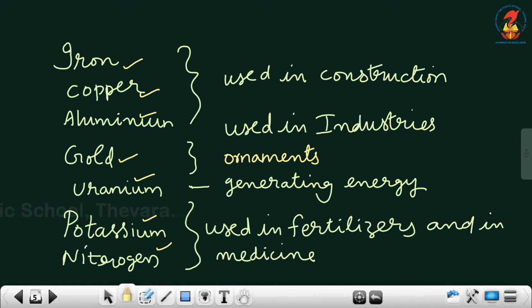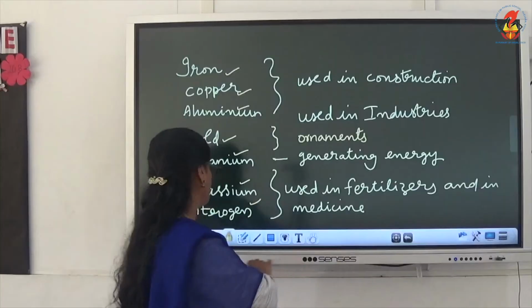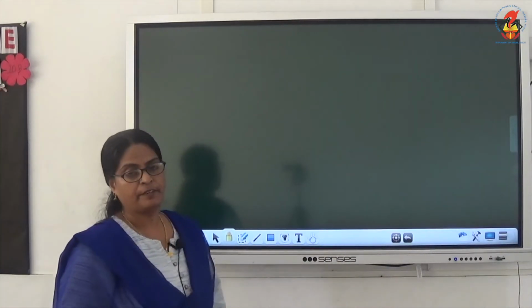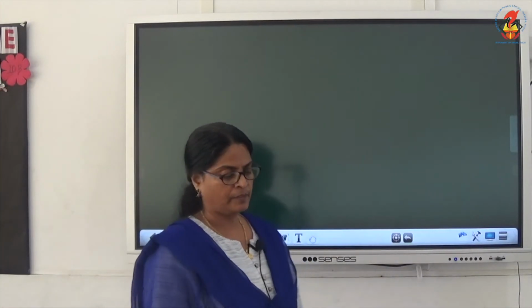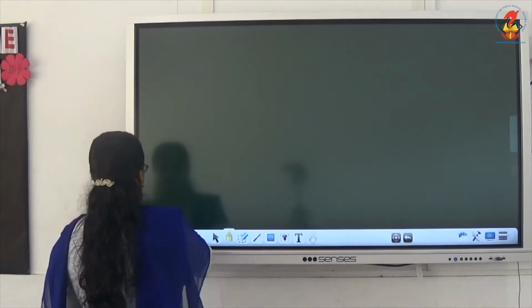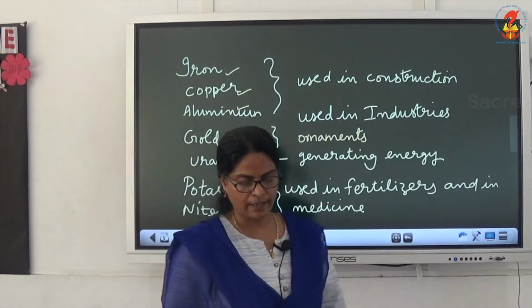Potassium and nitrogen are used in fertilizers and making medicines. So there are different uses of the minerals.